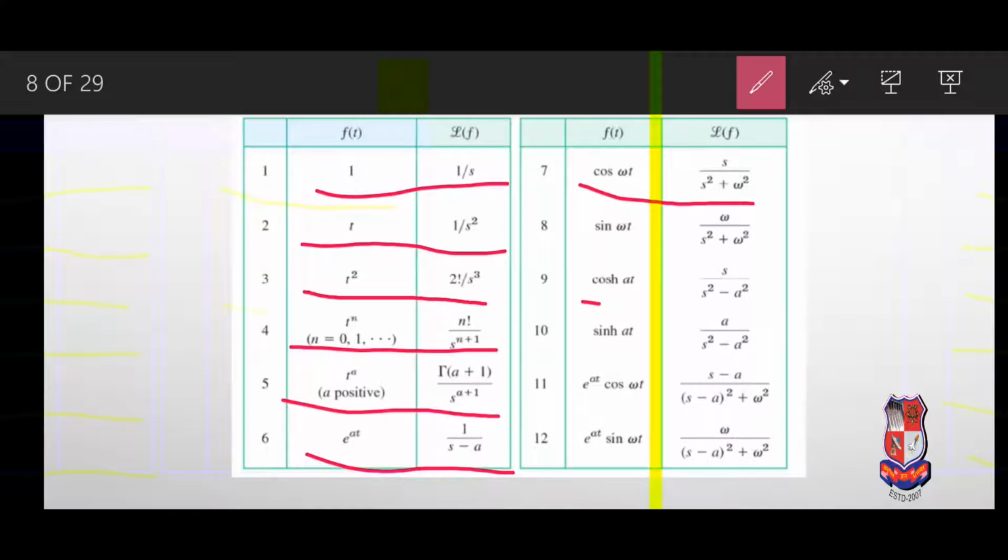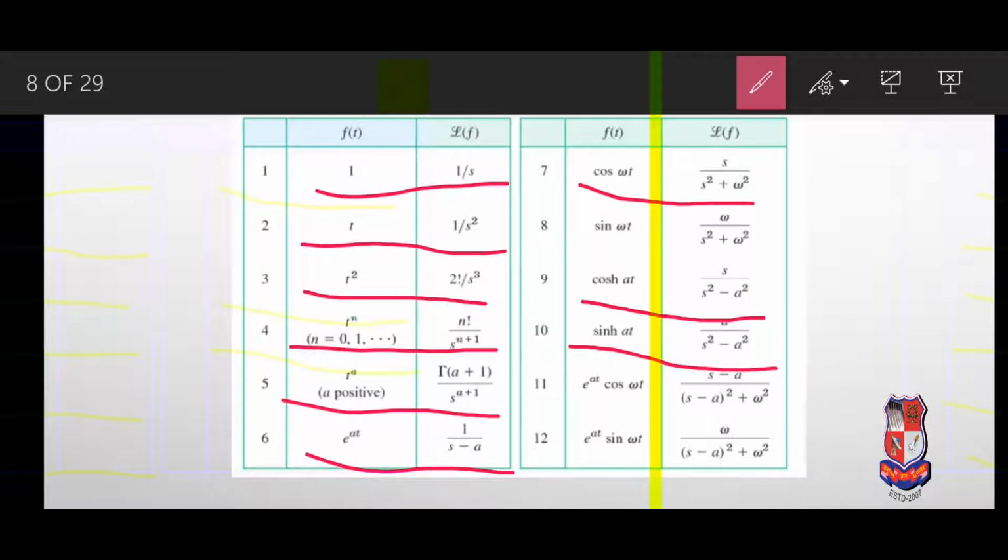Laplace of cos hyperbolic of at is equal to s upon s square minus a square. Sin hyperbolic of at is equal to a upon s square minus a square. Only for sin omega t and cos omega t, in the denominator we keep plus, and for hyperbolic it will be minus.